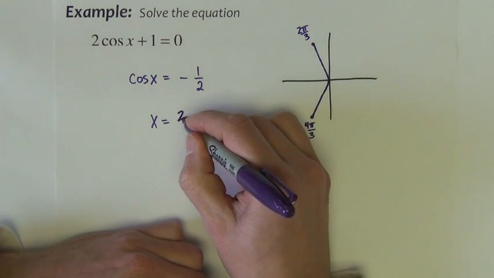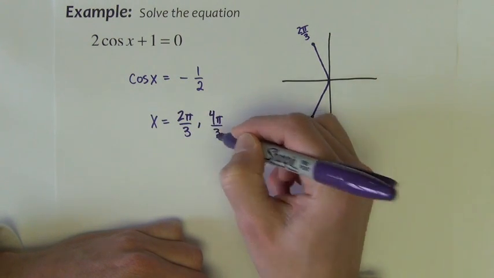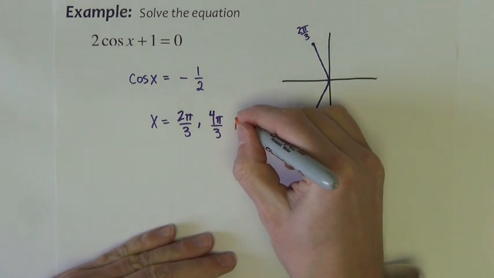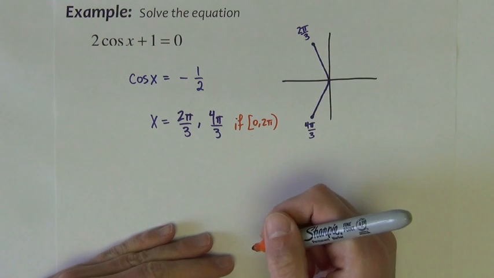So there's my solutions. Alright, so that would be the solution if we're only going from 0 to 2 pi.